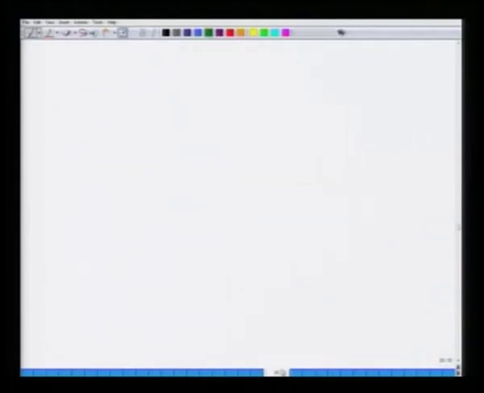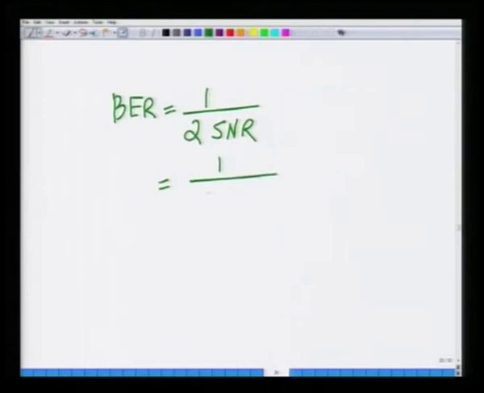And the bit error rate for a wireless channel, as we saw, is simply 1 over 2 SNR, and the SNR value is 100. So, this bit error rate is 1 over 2 times 100, which is equal to 0.5 into 10 power minus 3.